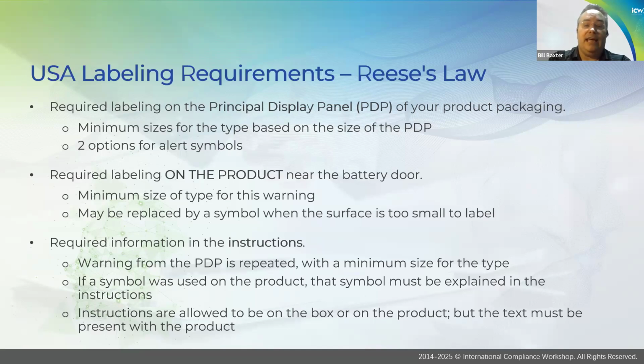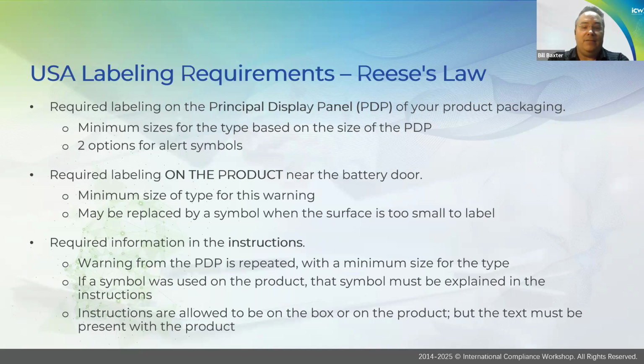In the US, we only allow that yellow triangle symbol on the product when the surface is too small to label. But given that button cells tend to be used in small items, it's frequently small enough that there's no argument about whether it is small enough to use the symbol.